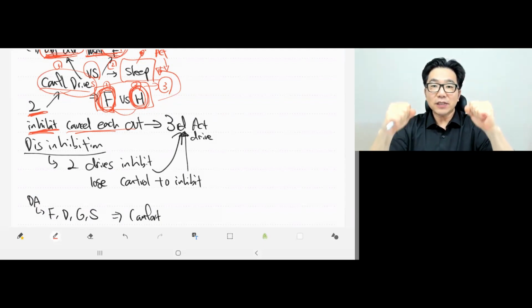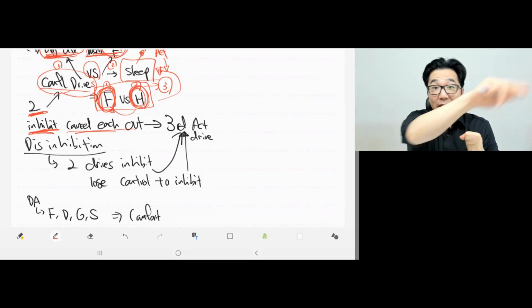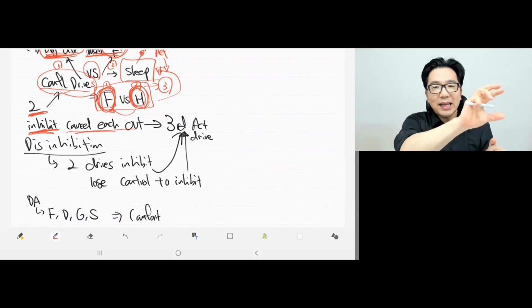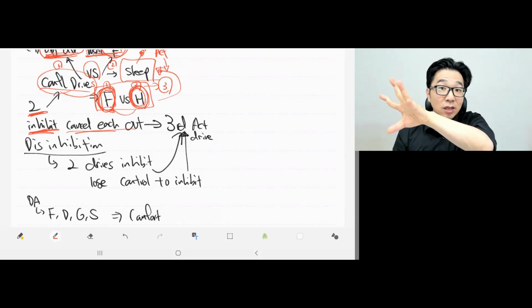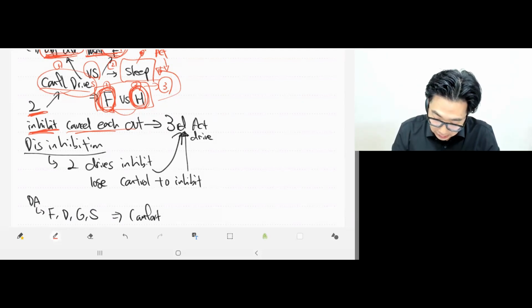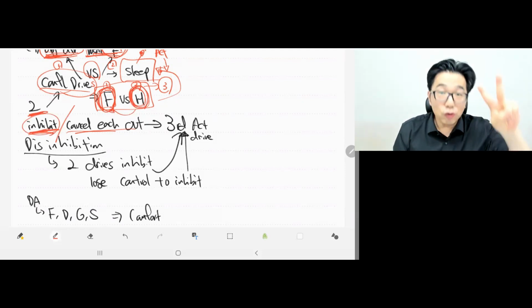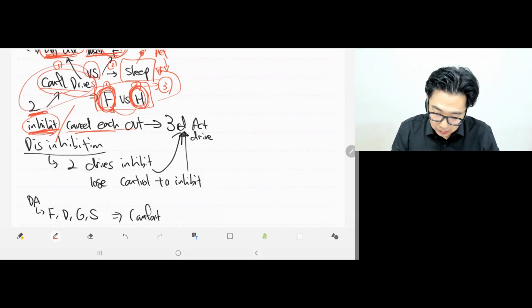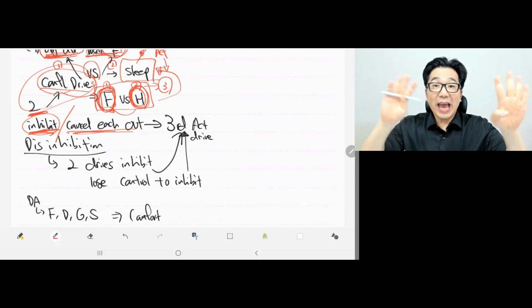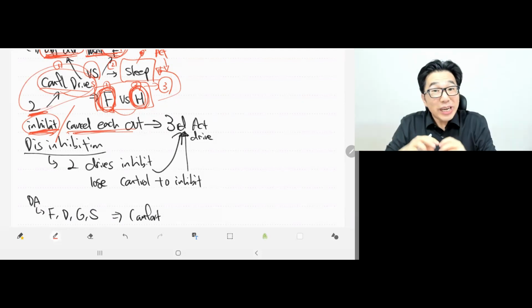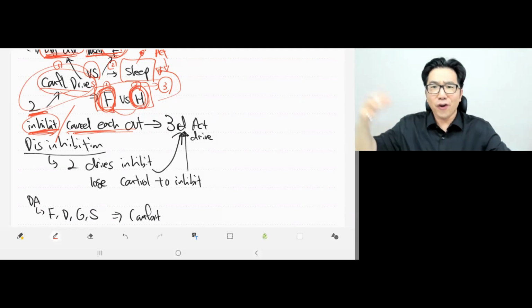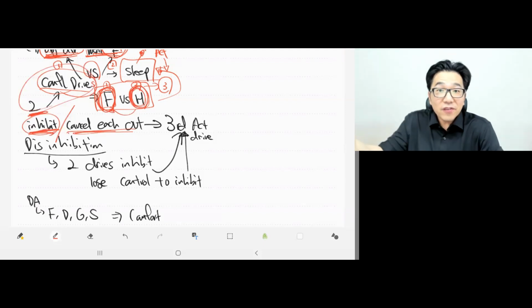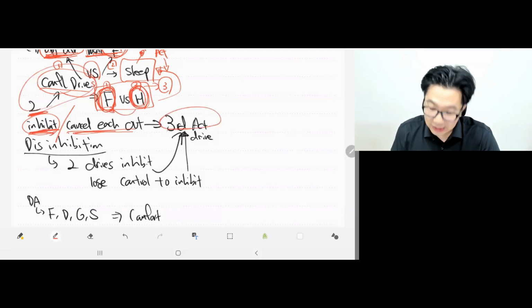So these two drives cancel each other's action out. Because of my second drive, I cannot take the first action. Because of my first drive, I cannot take the second action. So two conflicting drives cancel each action out. This is the reason why the animal takes neither the first nor the second action, but actually takes a third action, something very different. This is what it means.